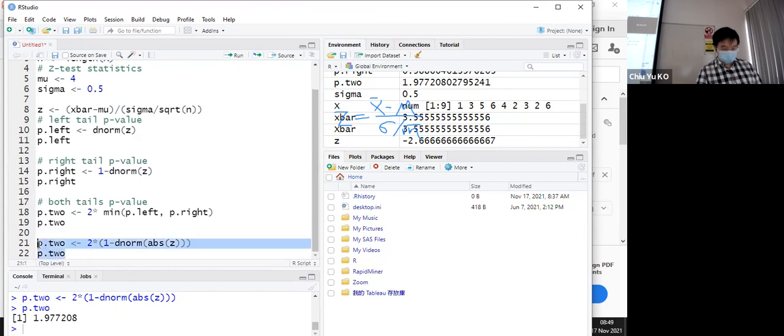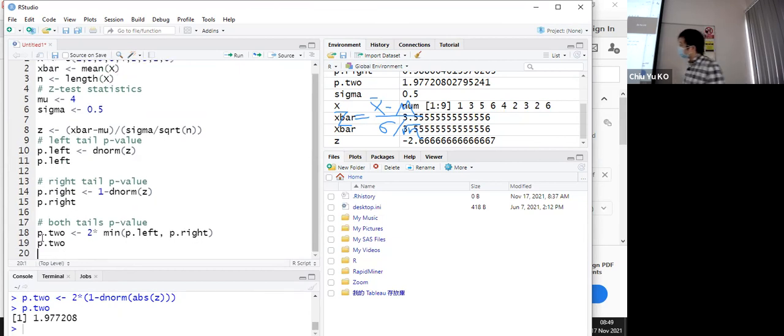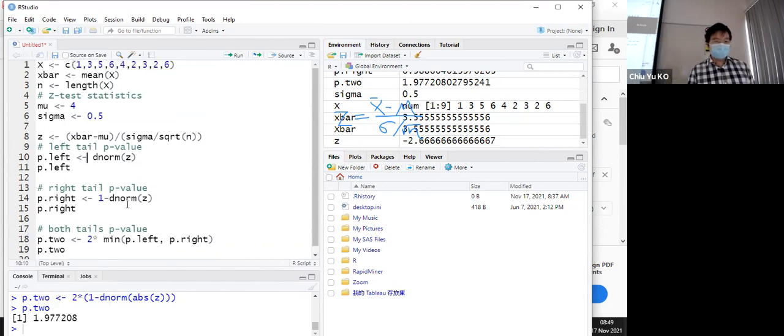So this is the way, and either you do the minimum of this number. Okay, so that is the two-tail. Now this is a z-test.